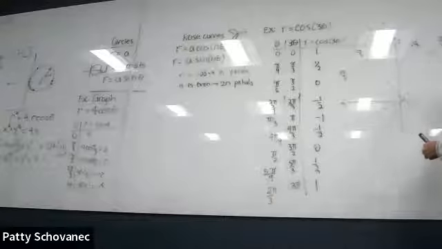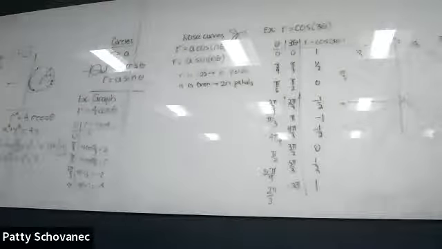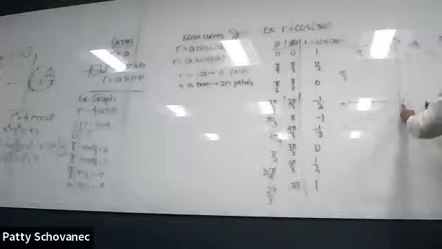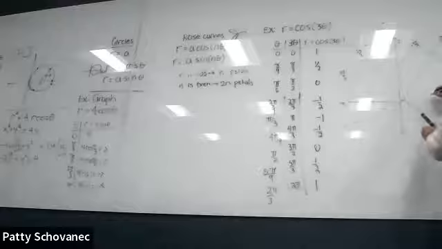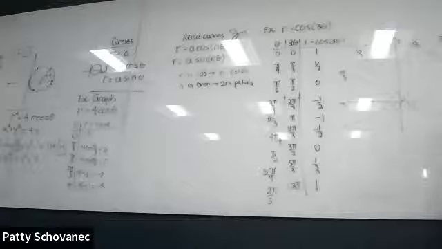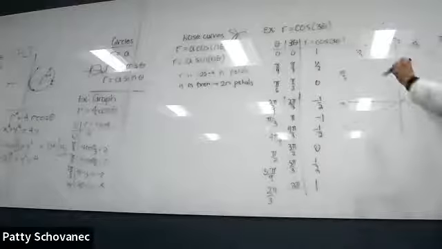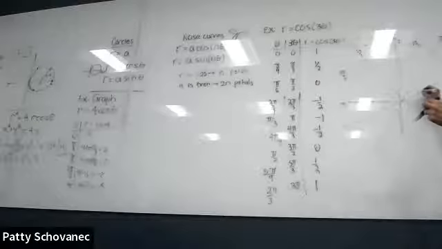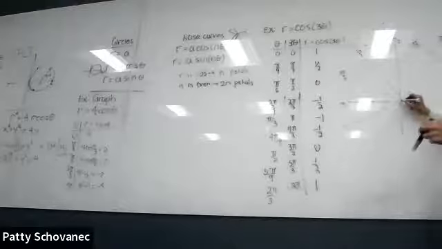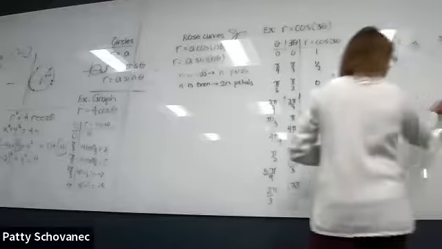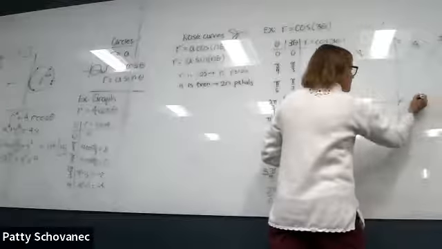I'm going to put a length of a half. So as my ray moved from here to here, it traced out that little bit. And now it's going to go to pi sixths. That's the first dotted line, and it's back to 0. So it goes like that.